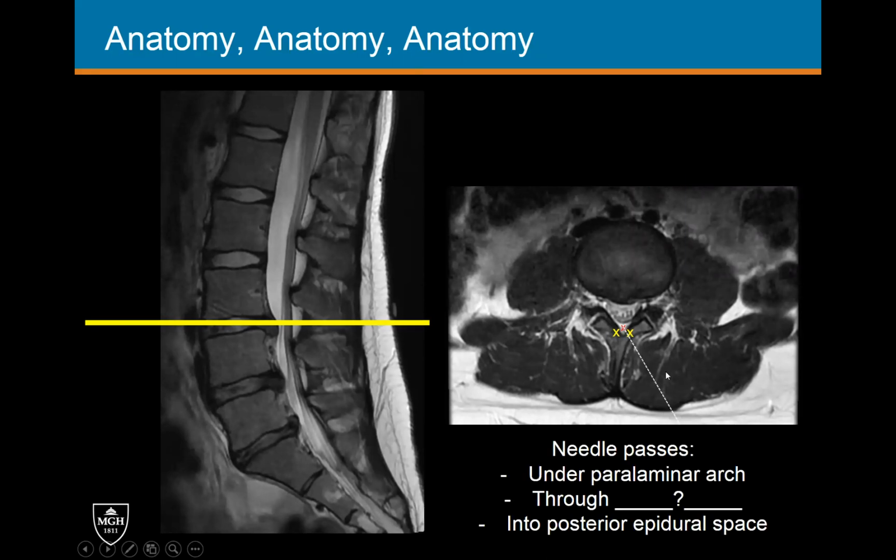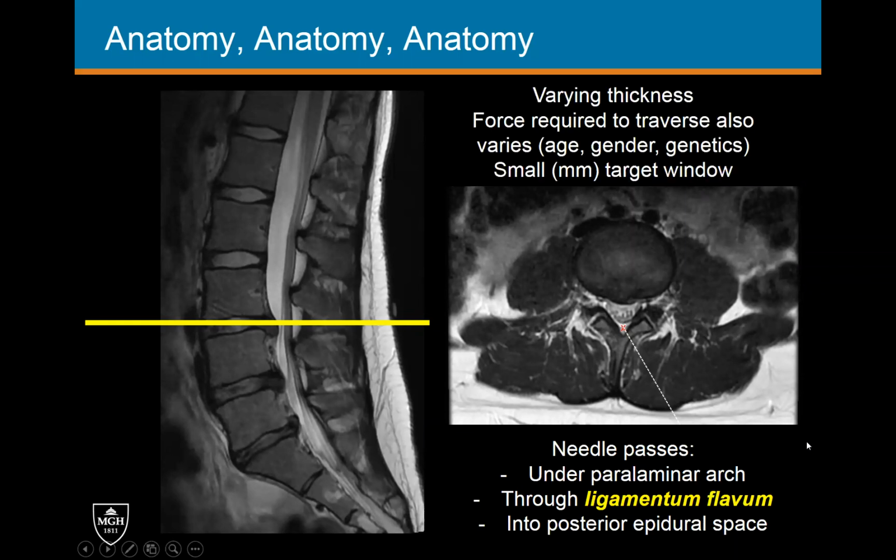And so I asked you the question before, when you're under the paralaminar arch, right there and just a little bit anterior, what do you have to go through in order to get to the posterior epidural space? And the answer is the ligamentum flavum. So that's this thing right here. All right. And that's important because in most people, not in all people, but in most people, you will feel a texture change in the needle as you advance through that.